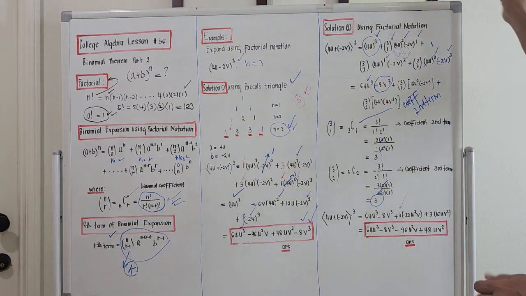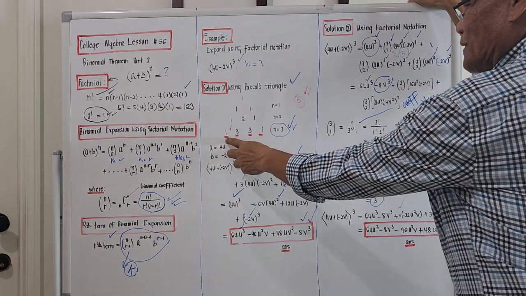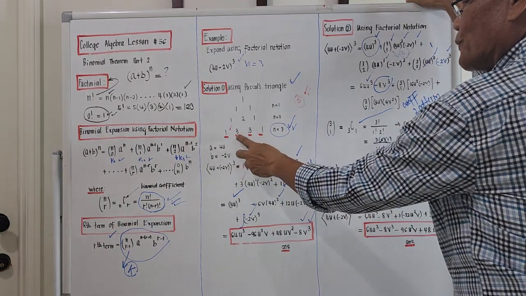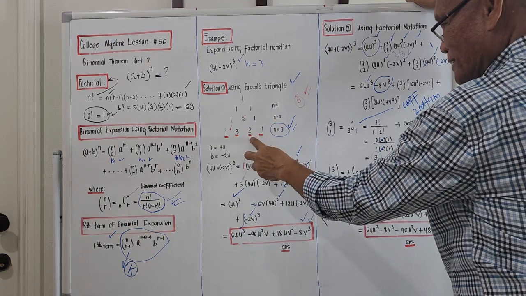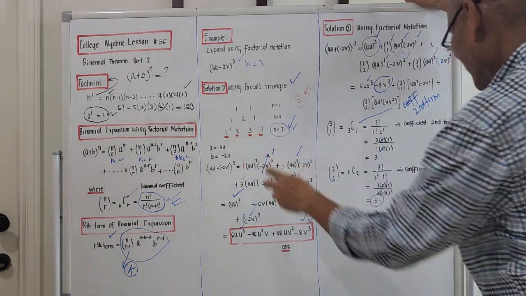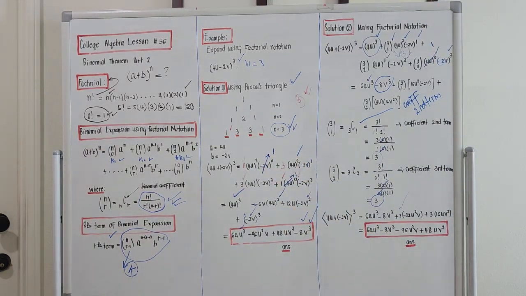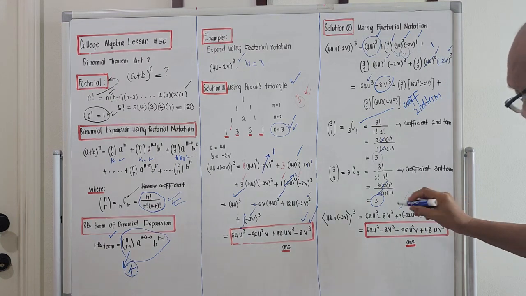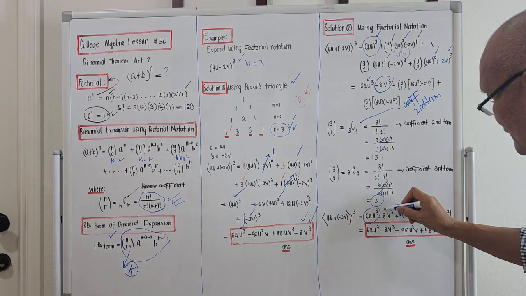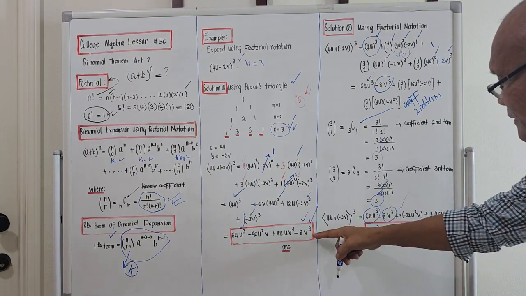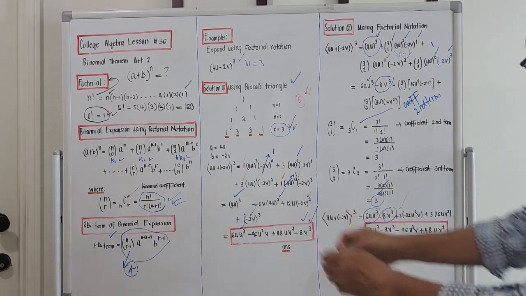So it's correct. The coefficient of the first term is 1. What we computed for the second is 3. What we computed for the third term is 3. The last one is 1. Right? So if we now try to bring out the solution, this is the first term. This is the last term. I put it ahead.